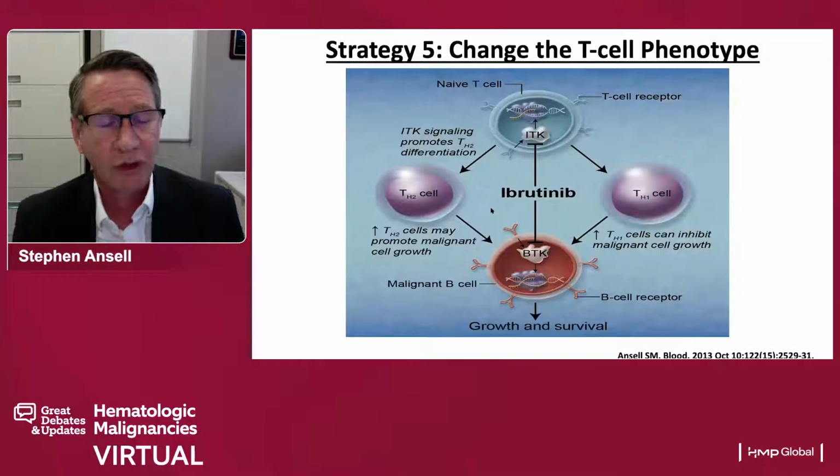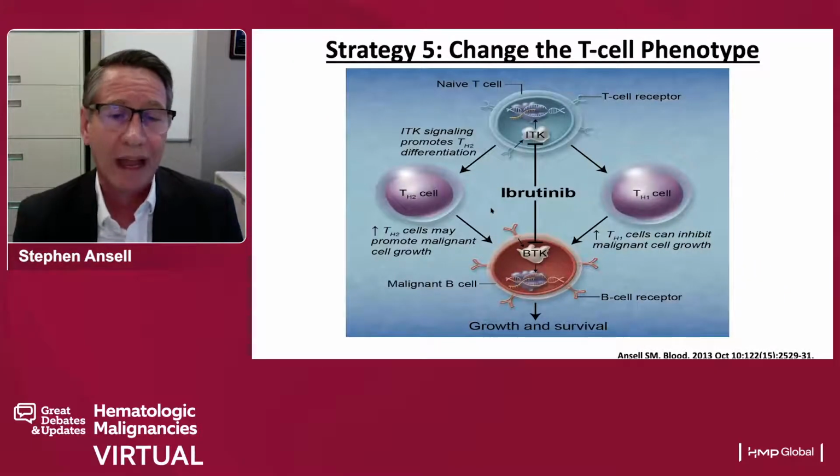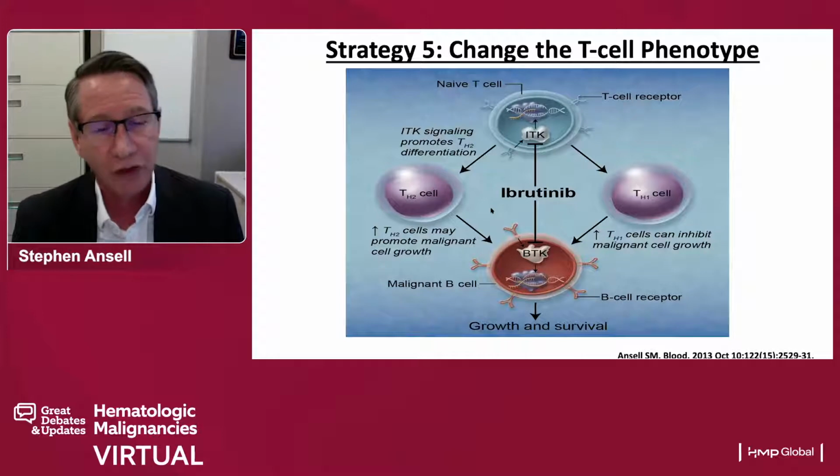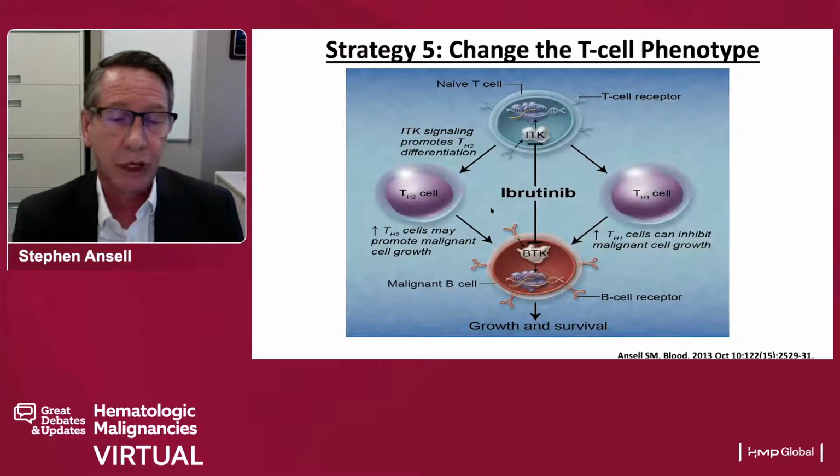A final strategy that we will talk about is if you have T cells that are present within the tumor or that are targeting the tumor, you can change the phenotype of those T cells using small molecule inhibitors. We'll talk about BTK inhibitors and PI3 kinase inhibitors. But what I want to specifically highlight here is a BTK inhibitor.